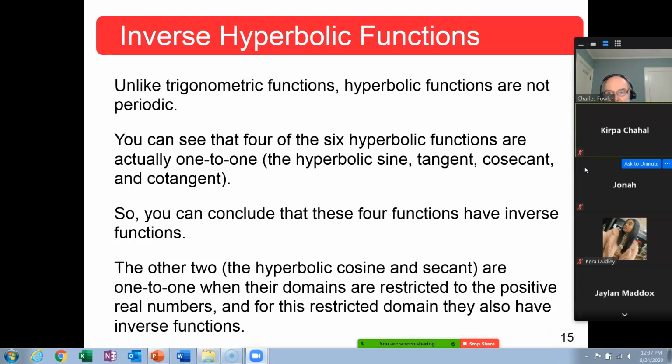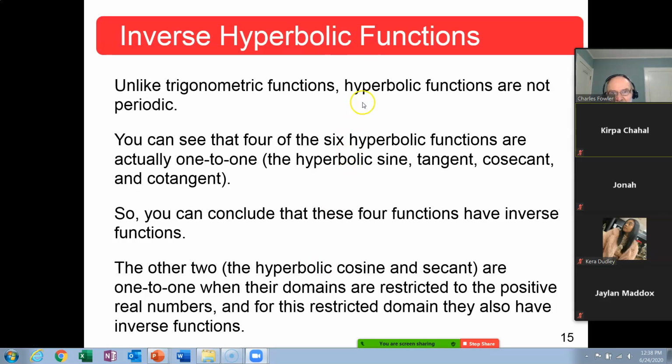Yeah, I think this is where we were. We're just talking about the other two, hyperbolic cosine and hyperbolic secant, being one-to-one when their domains are restricted to positive real numbers or negative real numbers. They just say positive here. For this restricted domain, they also have inverse functions.